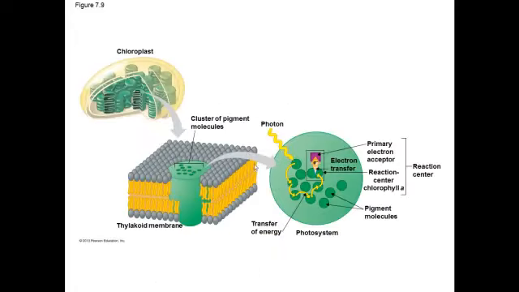Now looking at this picture here, this just represents one photosystem in a series of two photosystems that plants use for photosynthesis. I also want you to remember that this little section here is called the reaction center, where you have reaction center chlorophyll A and your primary electron acceptor.